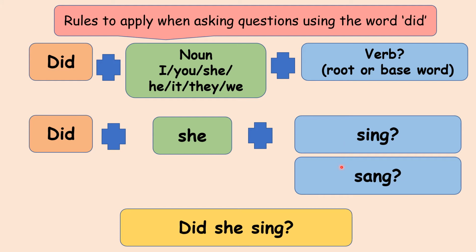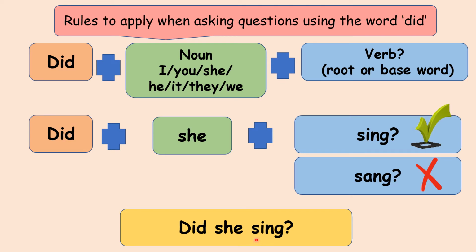So which one should we choose? Should we choose did she sing or should we choose did she sang? Which one do you think is the correct verb for this kind of question? The answer is sing. Sang is incorrect. So we will get did she sing?